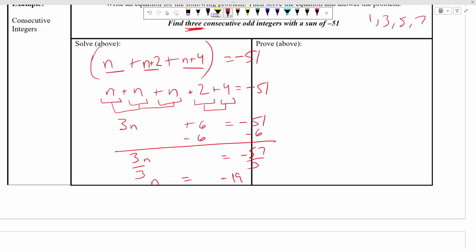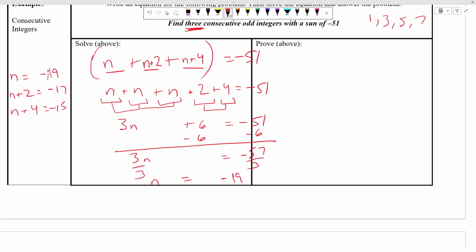So let's think about this for a second. If I have n, and I just said it was negative 19, and then I had n plus 2, and then I had n plus 4. So negative 19 plus 2 would be negative 17. Negative 19 plus 4 would be negative 15.